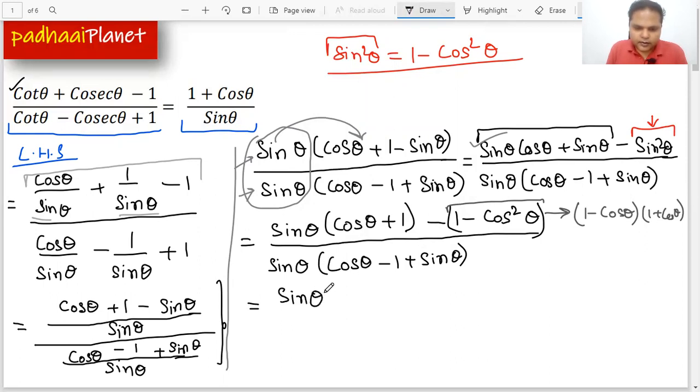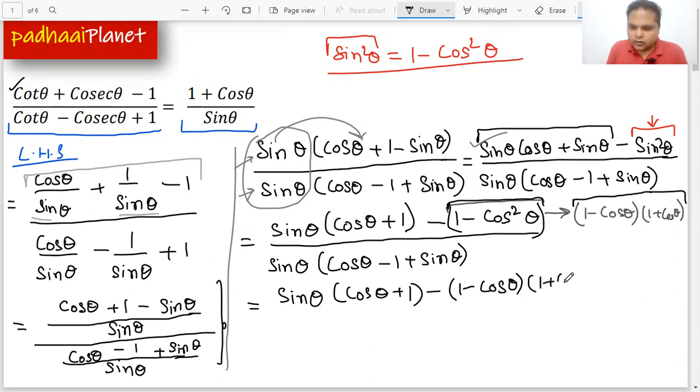We will expand it: sine theta (cos theta plus 1), and we expand this particular thing into this form, so we write 1 minus cos theta and 1 plus cos theta. Correct?